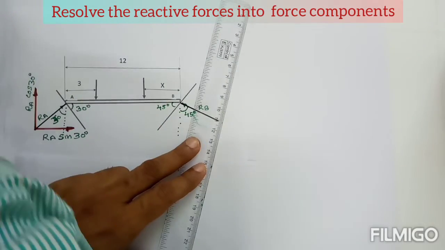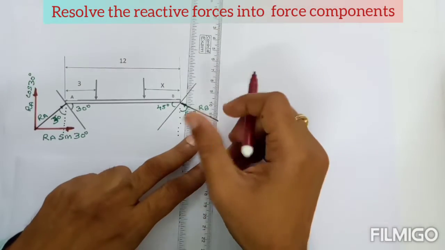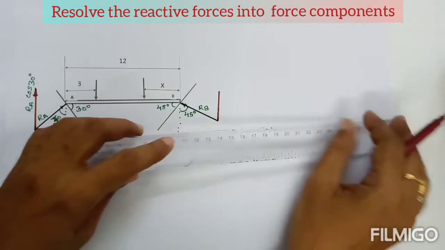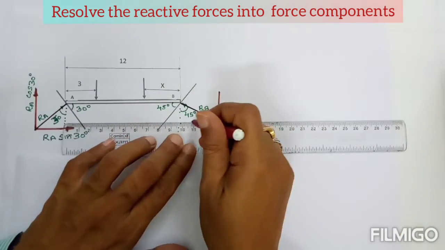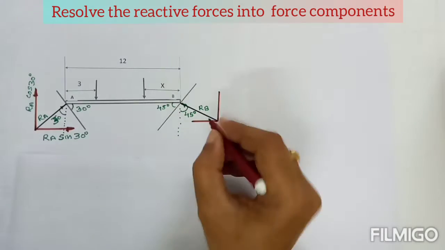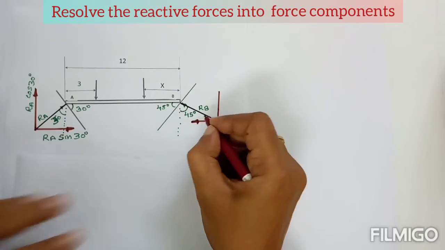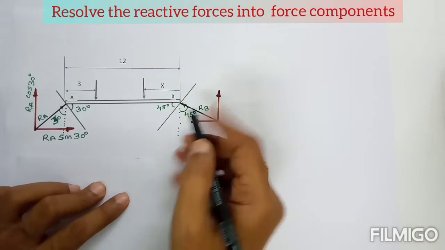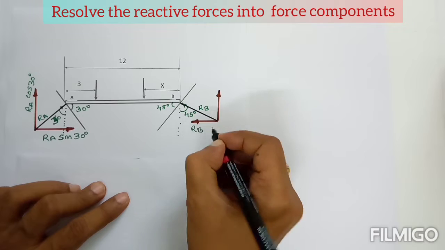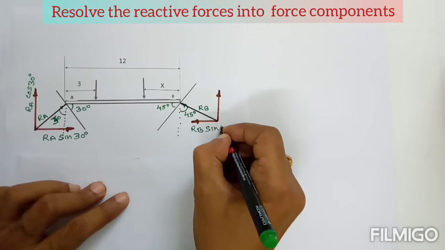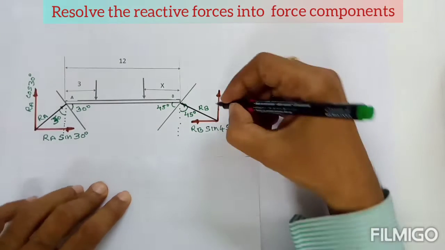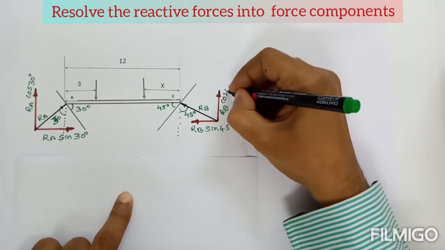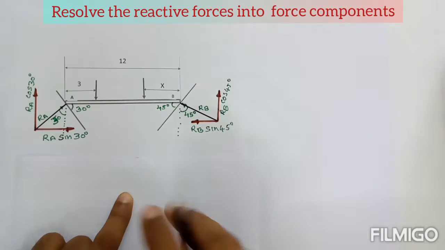For RB, sin 45 degrees, RB cos 45 degrees.